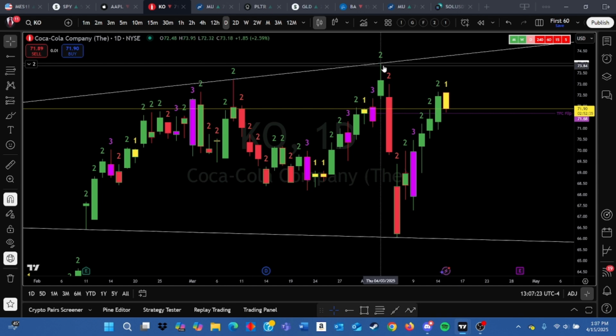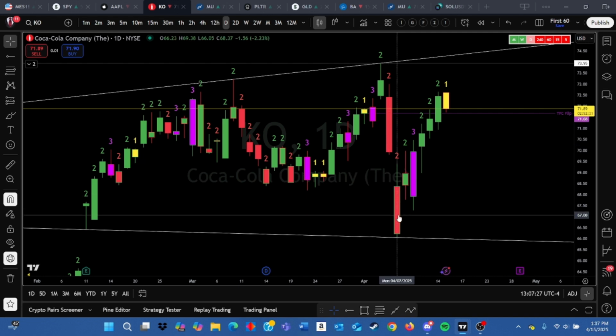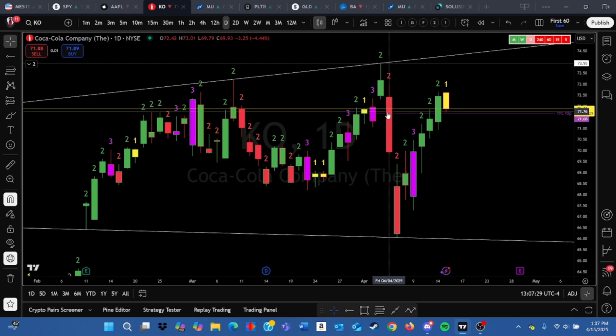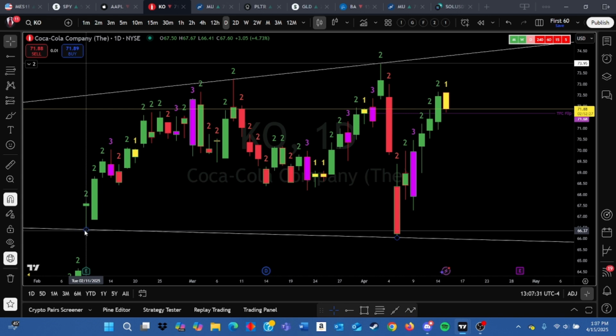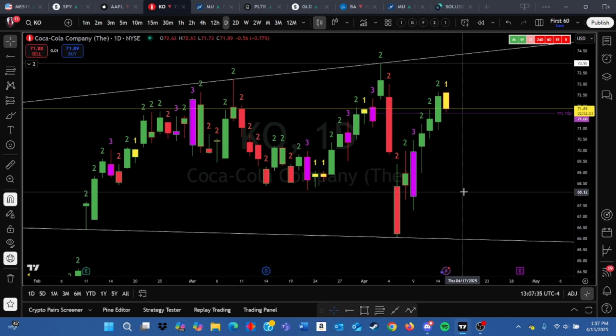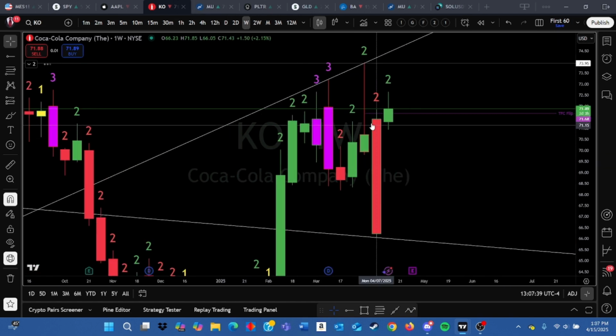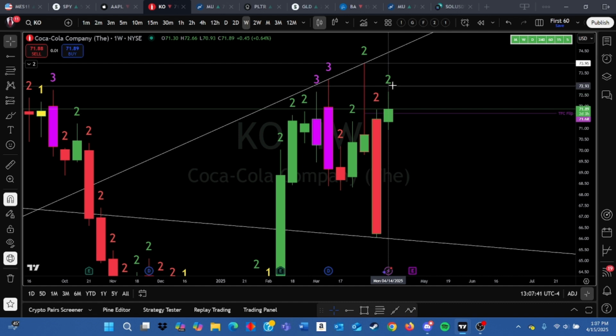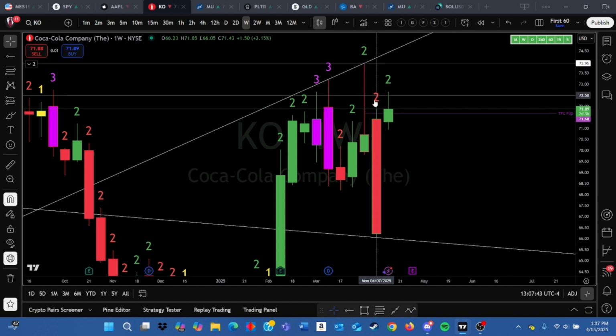That was all-time highs over here. So now it's got some selling after taking out that high, and then we took out down here. So now it's a much bigger range. And what we have set up on the week is this 2-2 reversal back up to make the all-time high again.